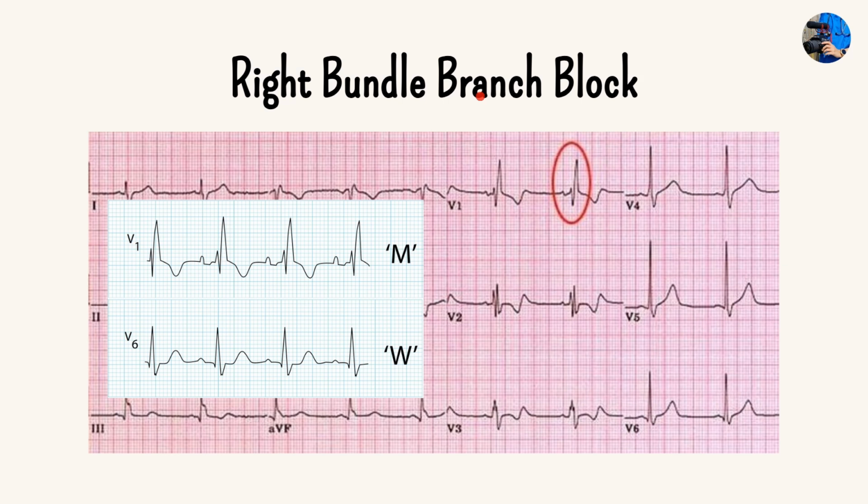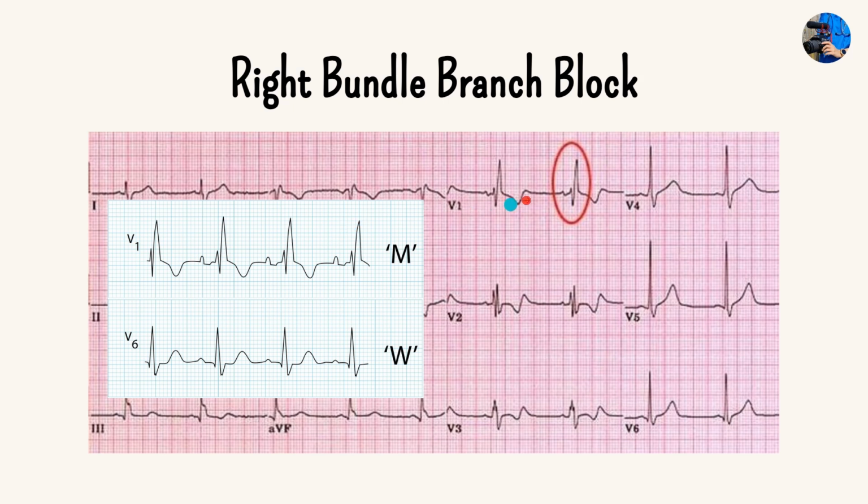Now, I must admit, this ECG down here, I couldn't find very good pictures of a right bundle branch block. But what you want to be looking for is an M shape in V1 and a W shape in V6. Literally that little small W that you can see there, and the M you can see up there.